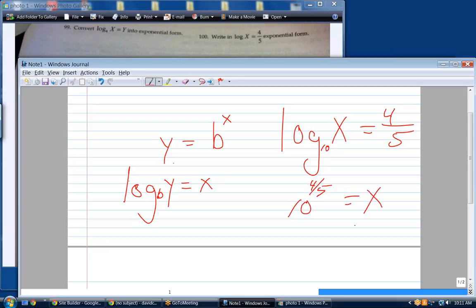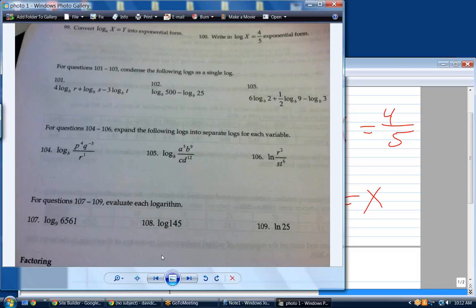We don't need to start it with x. It just ruins our flow. In other words, you want to start with the number on the left raised to the exponent of the number on the right. You don't want to try to do all of that backwards. All right, let's look at 101.